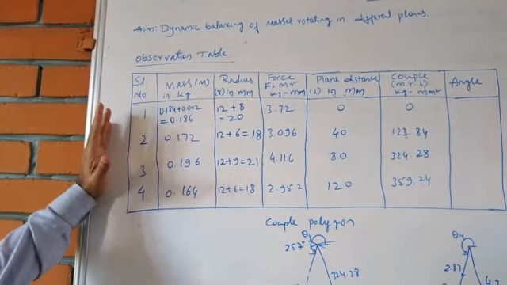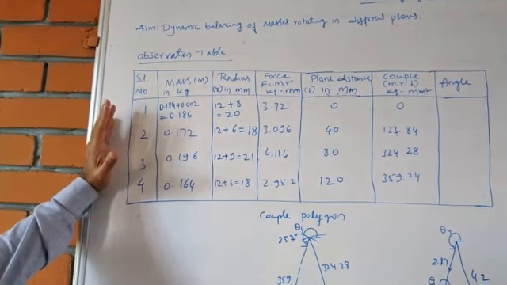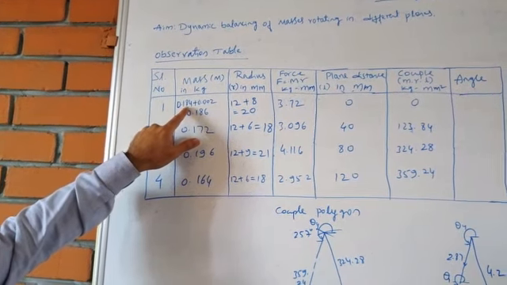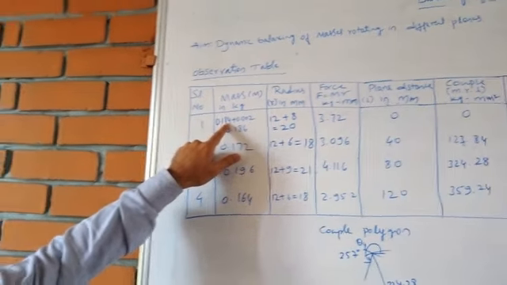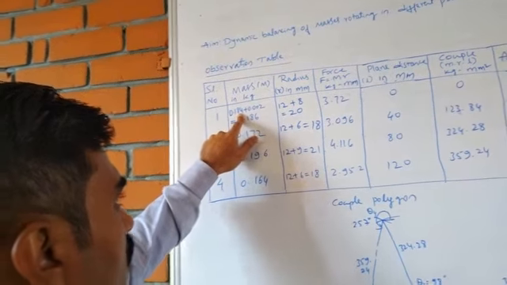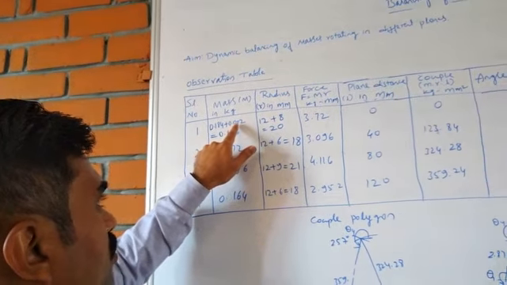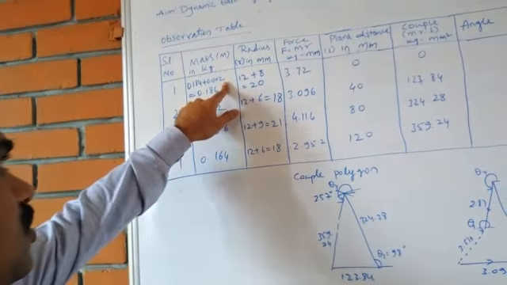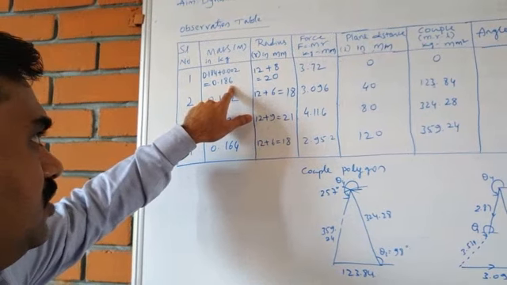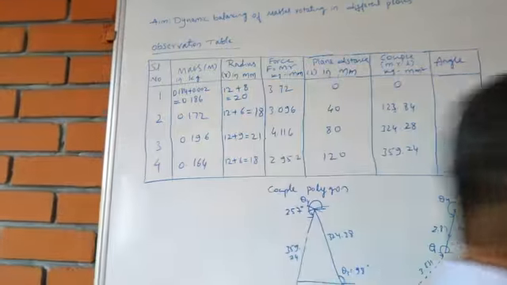We have four masses attached to the shaft. The first mass is 0.184 kg. For that we had attached one screw weighing 0.002 kg, so totally it becomes 0.186 kg. I would like to show you once again.